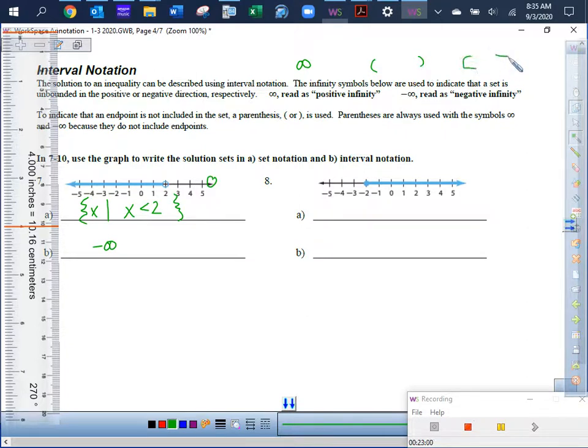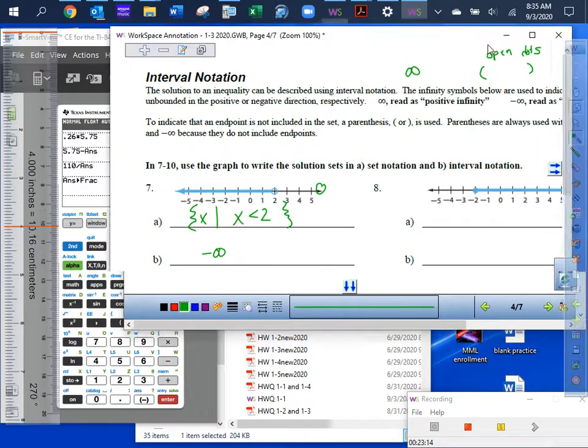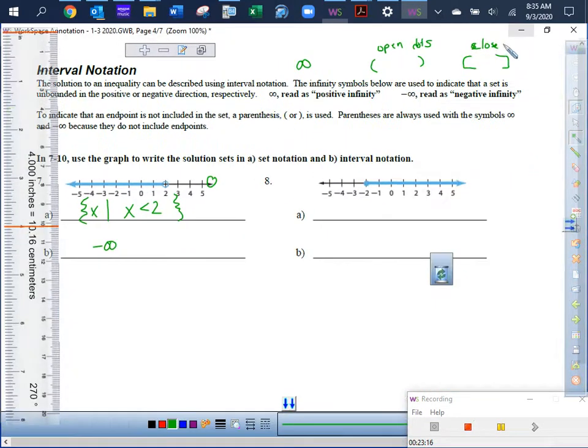Maybe if we make a little note at the top of our paper, the parentheses are like open dots, and the square brackets are like the closed dots.